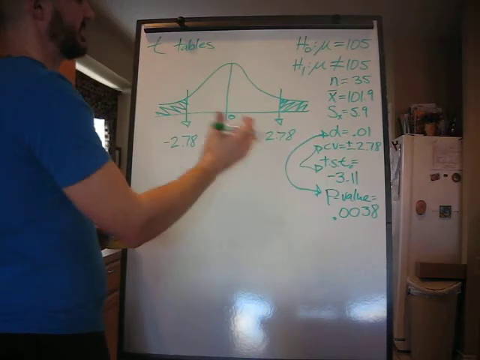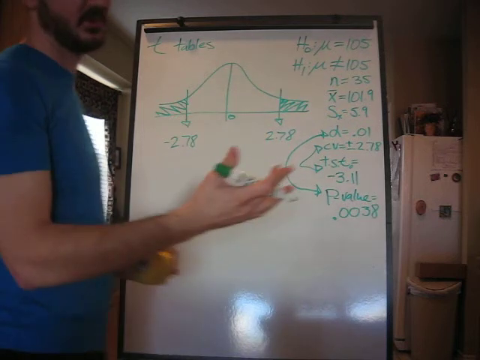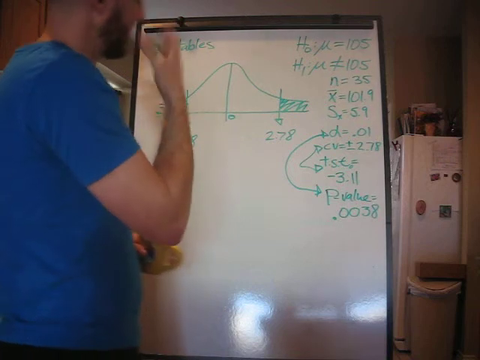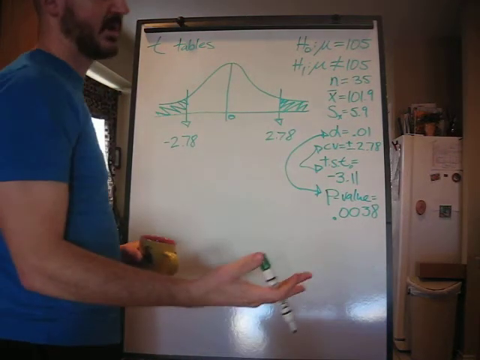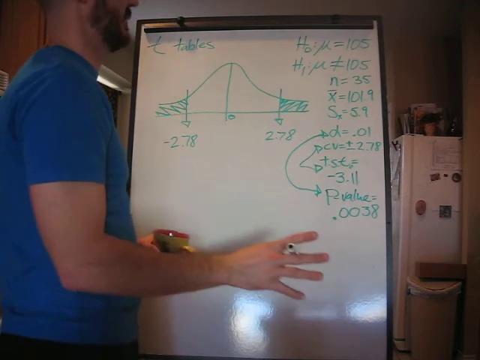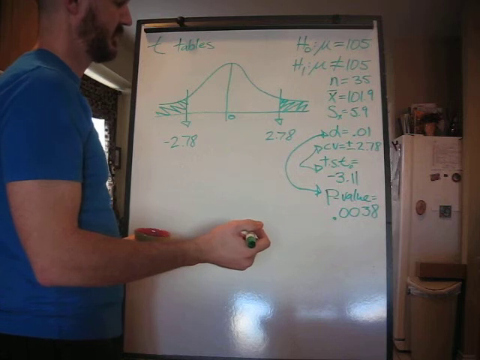We know that because the t-table refers to a symmetrical curve. The z-table is as well. When you get into chi-square, it doesn't work that way. It's a little more difficult to figure out your critical values.